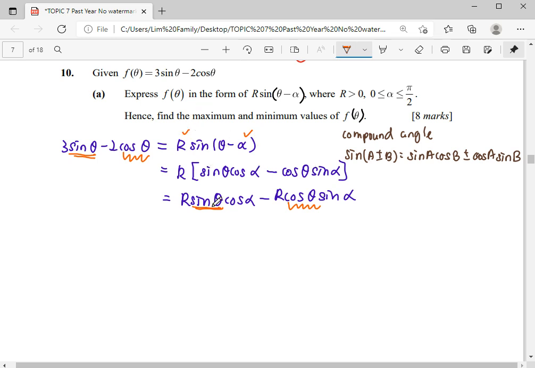So after we expand, we can compare the coefficients. So the coefficient of sine theta is 3. So the coefficient for sine theta is R cos alpha. After we compare here, you can notice that R cos alpha equals 3.